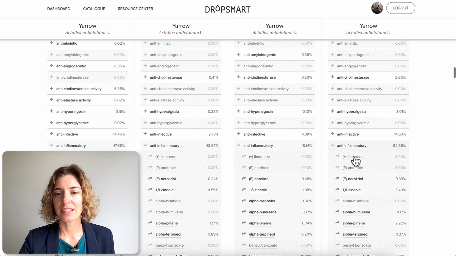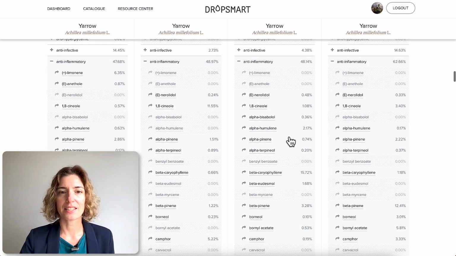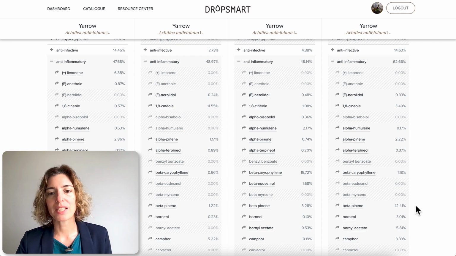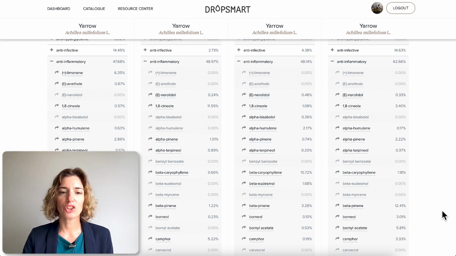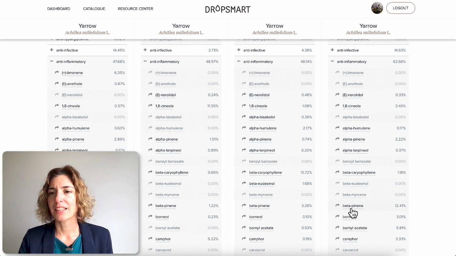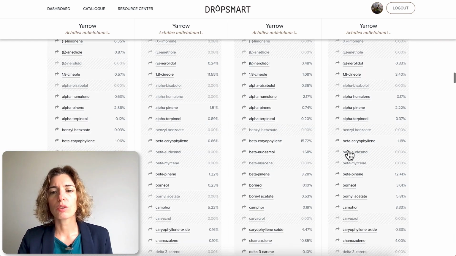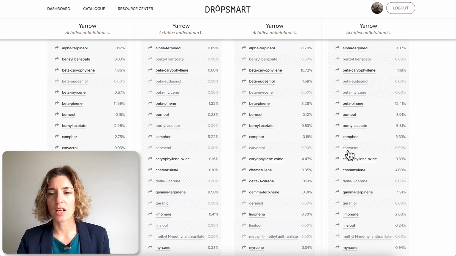And I think it's great that it is, because we have all of these other wonderful chemical constituents that we never talk about. Did you know there's beta-pinene in yarrow? Did you know there's actually a bit of cineole? It's just awareness.